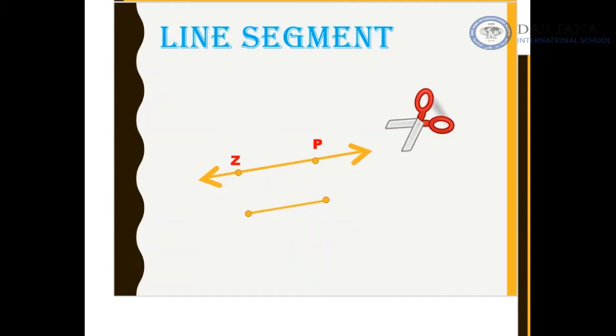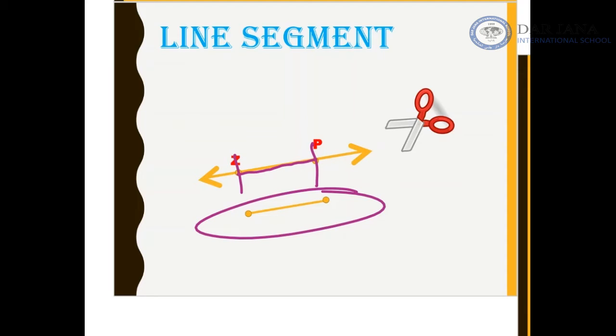Does anyone know the meaning of line segment? I'm going to explain it for you. I have the following line. Then I'm going to bring the scissors and cut a small piece of this line. I cut from here and cut from the other side. This is the part that I got. If you look at this part, you're going to see that it doesn't have an arrow on any side.